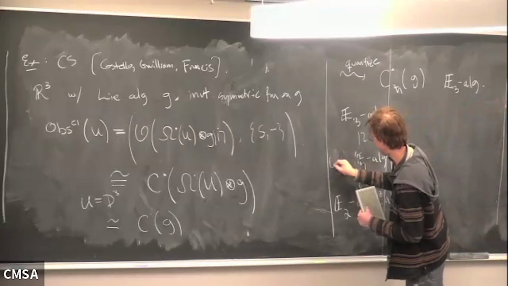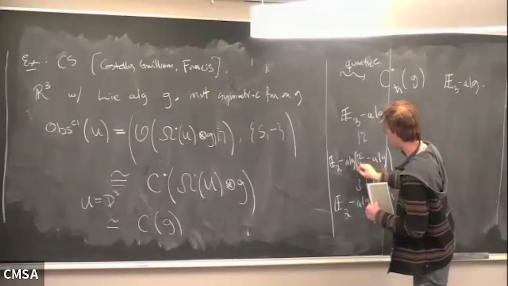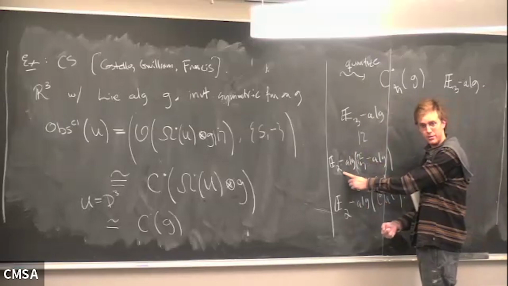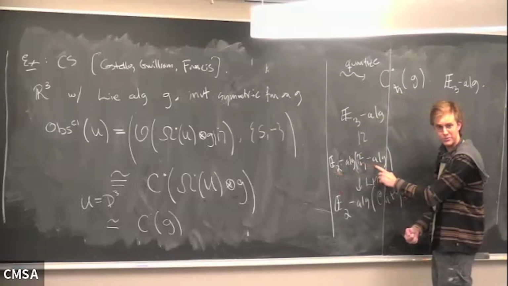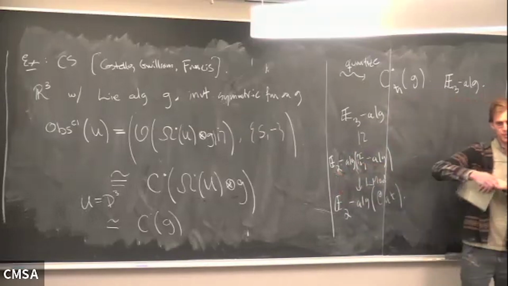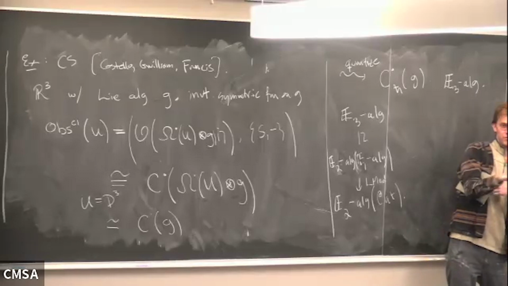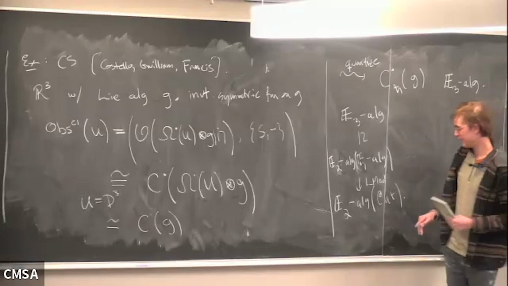So an E3 algebra is equivalent to a pair of structures, namely an E1 algebra structure and an E2 algebra structure. And then the E2 is just going along for the ride here. I'm just taking modules for this underlying E1 structure. So geometrically, what I'm doing is I'm thinking about an interface inside of R^3. I've broken the symmetry of R^3 to write it as an interface. So I have two pieces now.